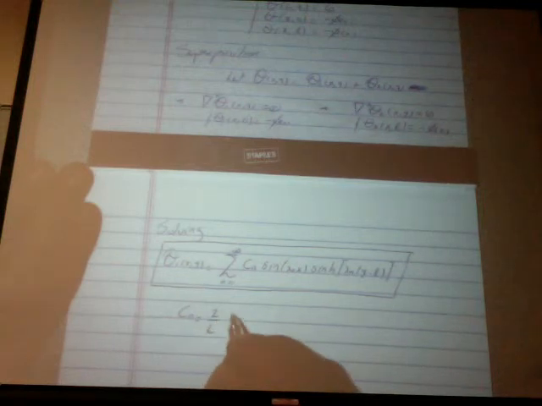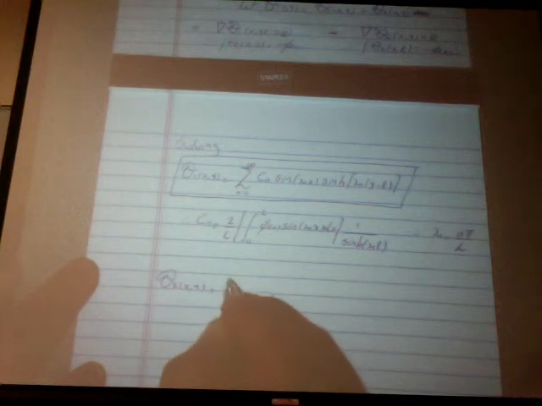Such that Cn is equal to 2 over L times the integral from 0 to L of whatever this function phi of x is times the sine of lambda n x dx times 1 over the sine hyperbolic of lambda n L. Right?